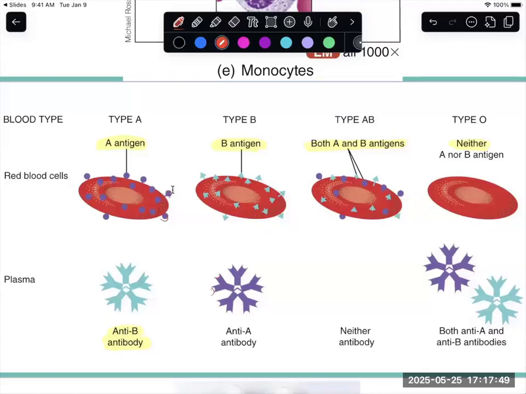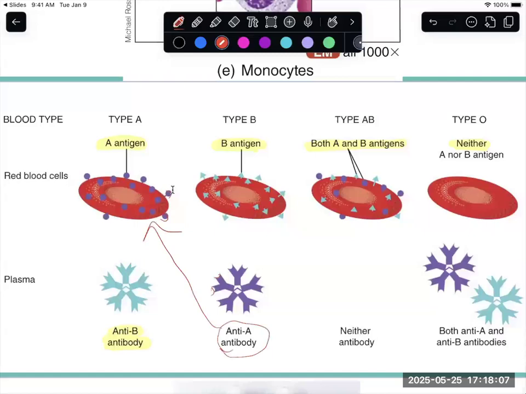So those antibodies will come in and attach to those red blood cells that it should not have, like type B blood given type A, so that anti-A antibody would go in and kill that red blood cell.